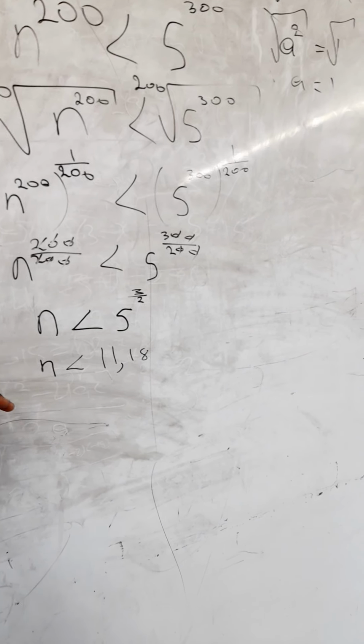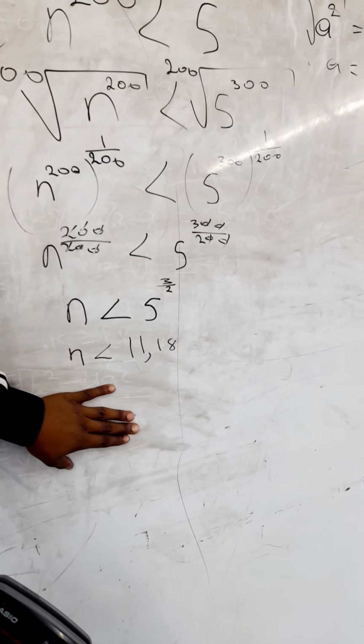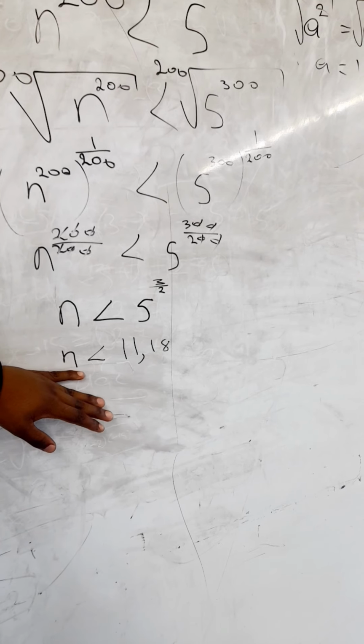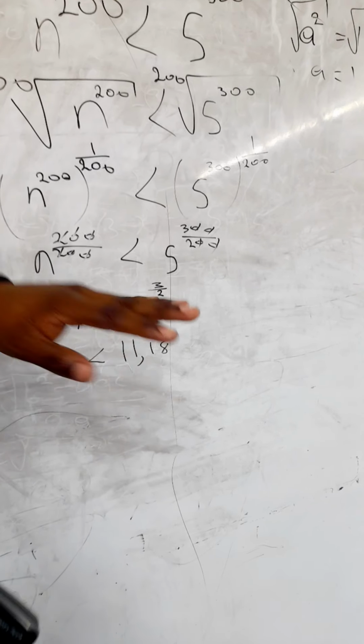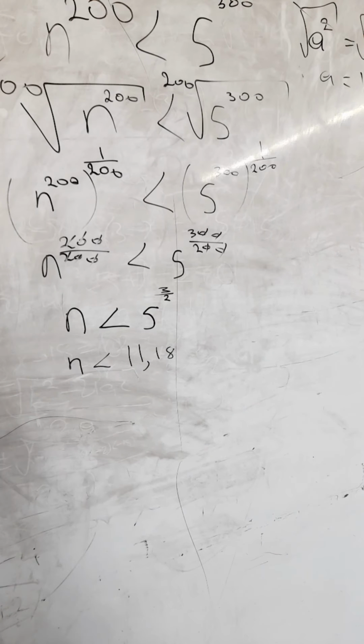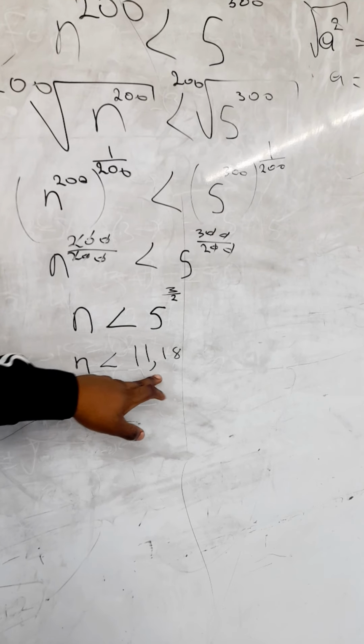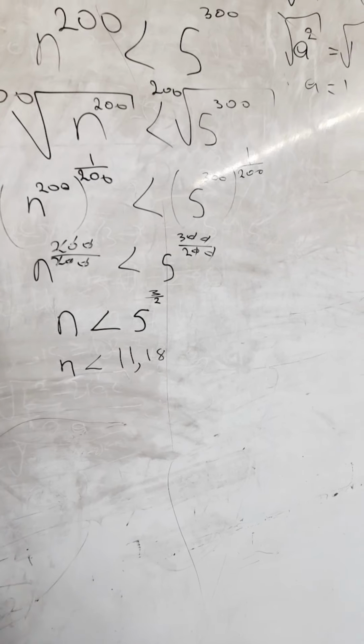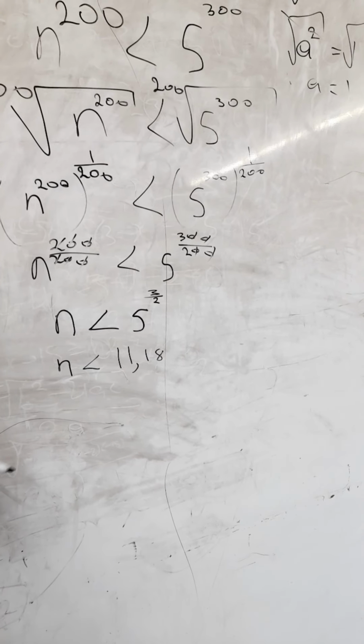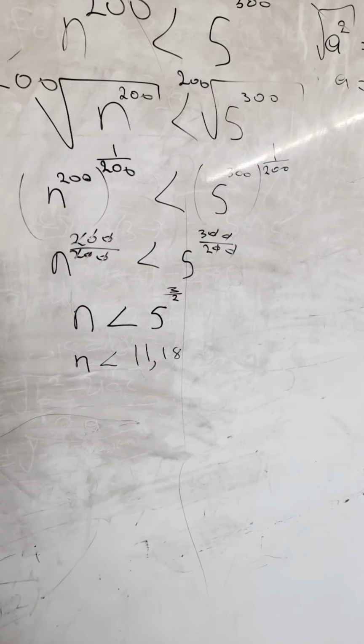Remember, we want the value that n is equal to, and it is said that our n is an integer, and 11.18 cannot be an integer, but our n is the largest.